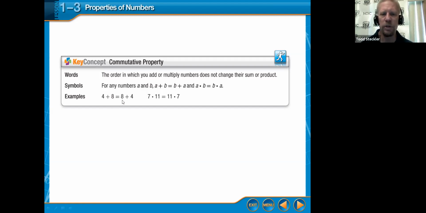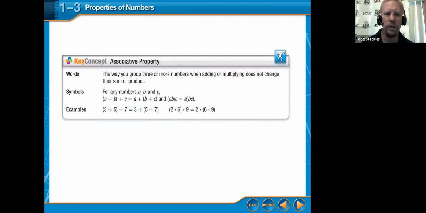And if we take 8 plus 4, that's also 12. So since we're adding, it doesn't matter the order that we add. And the same thing happens with multiplication. 7 times 11, that result is 77. And if we take 11 times 7, that's also 77. So this commutative property only holds for addition and multiplication.